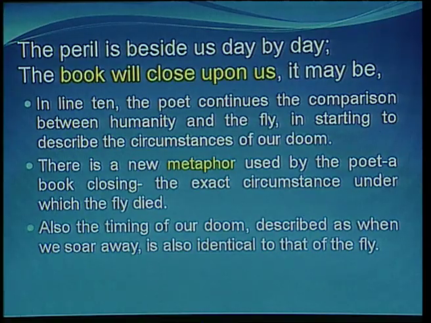In line 10, the poet continues the comparison between humanity and the fly in starting to describe the circumstances of our doom. But there is a metaphor that is used by the poet: the book closing. Have you ever noticed that when we talk, we usually make reference to our life as a book, and that we close one chapter, we turn the page, and we shift to something different?